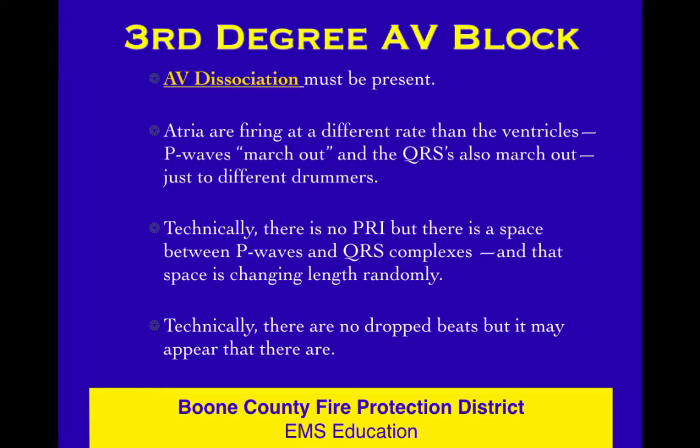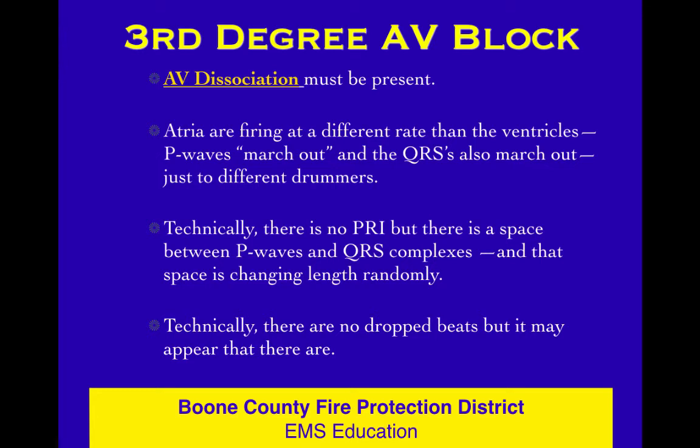So what looks like a PRI is not only not constant, so it can't be second degree type 2, and it's not lengthening, so it can't be second degree type 1, but you can confuse third degree AV block with second degree type 1. That's an easy mistake to make unless you're being disciplined about this.